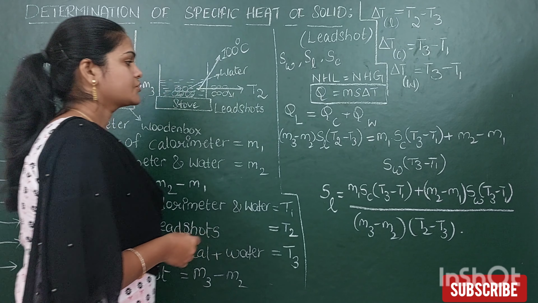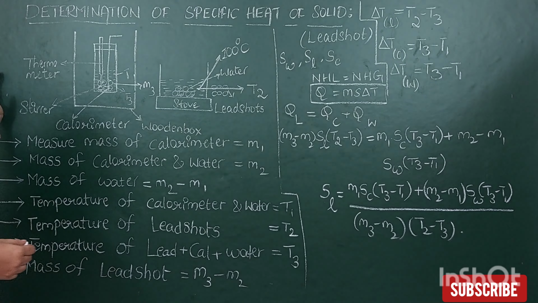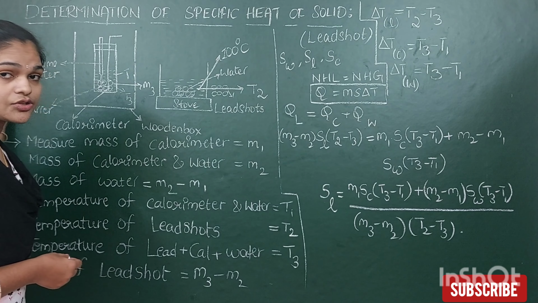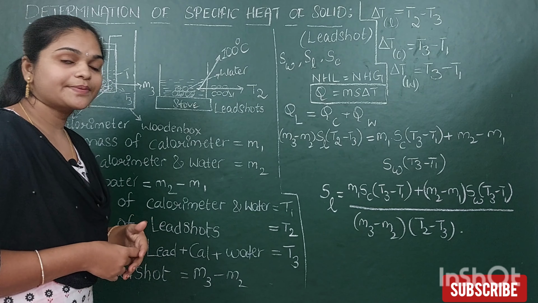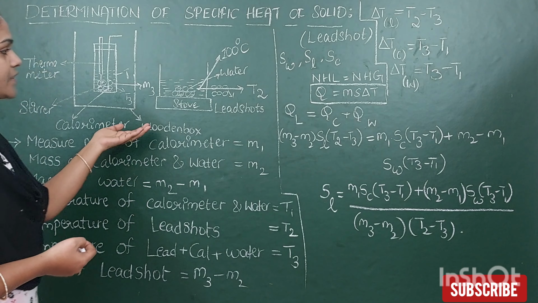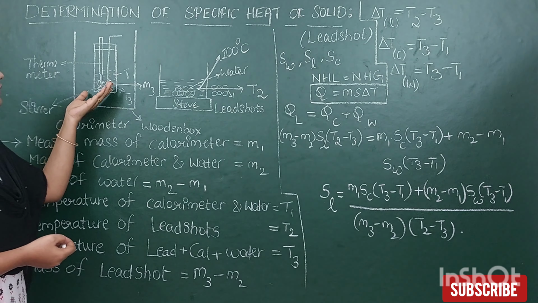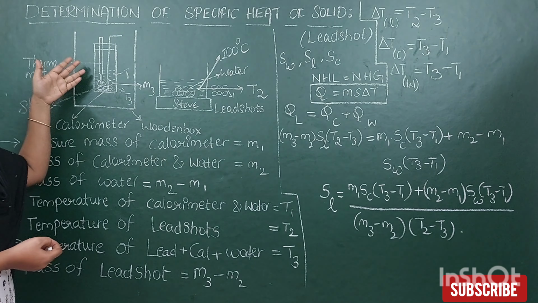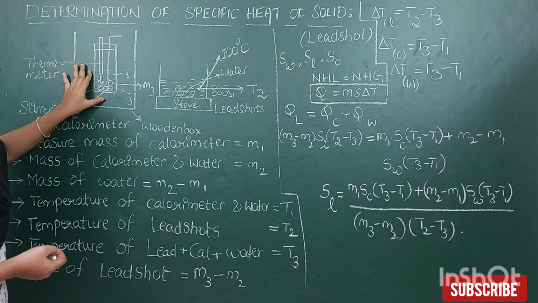Yes. So this is the determination of the specific heat of a solid. The solid is lead shots. We have determined the specific heat of a solid. So what happened here? When you take this copper calorimeter and keep a thermometer, it is initially at room temperature.